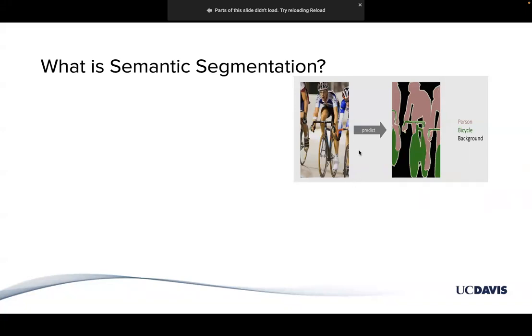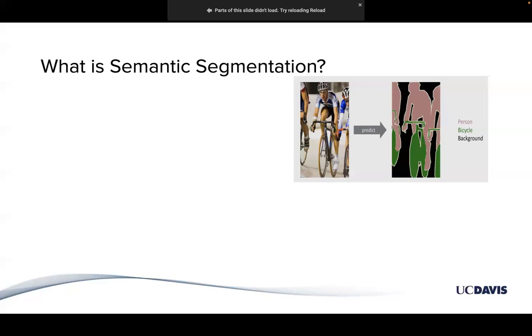Here, given this image, we have to predict that these pixels belong to a person, these pixels belong to a bicycle, and these pixels belong to the background. So we are trying to find answers to the question: what's in this image and where in the image is it located?